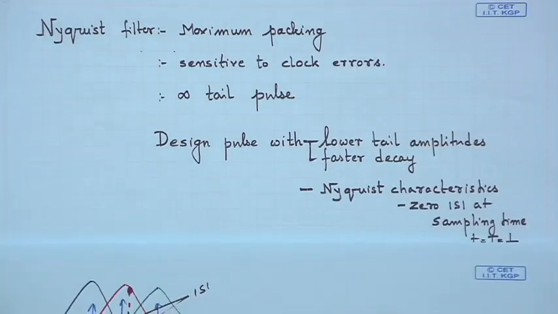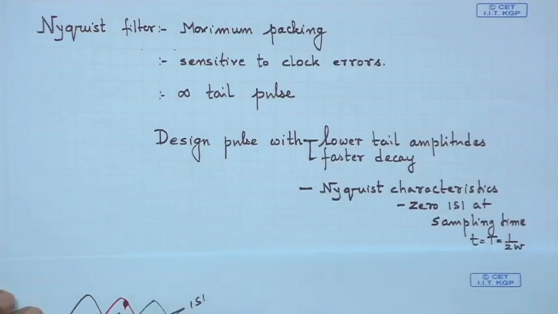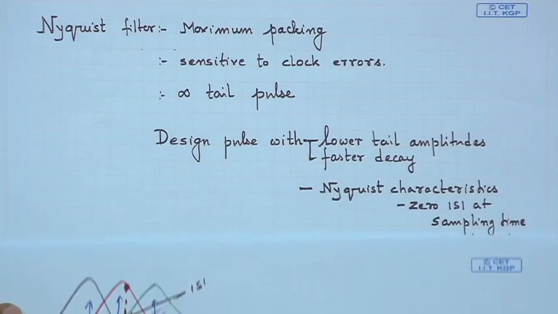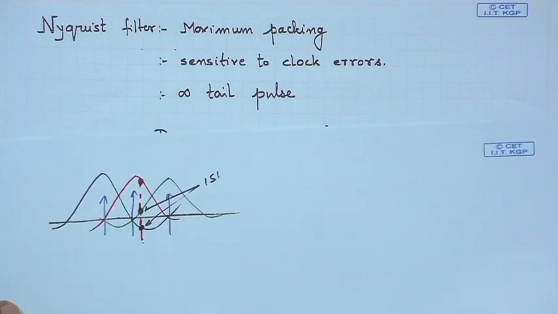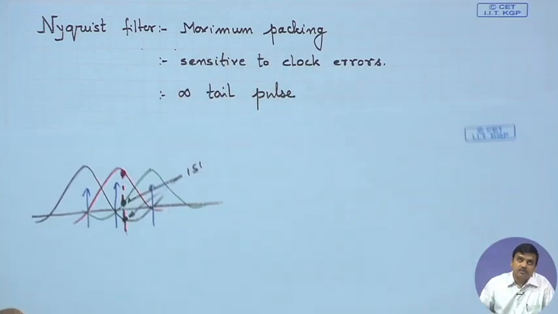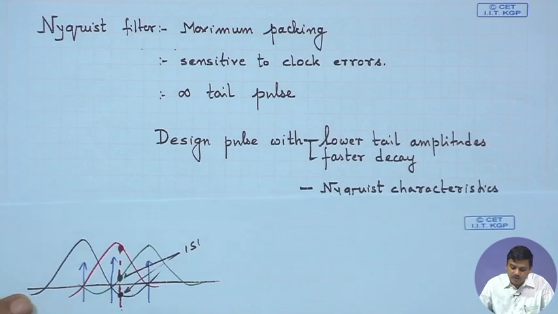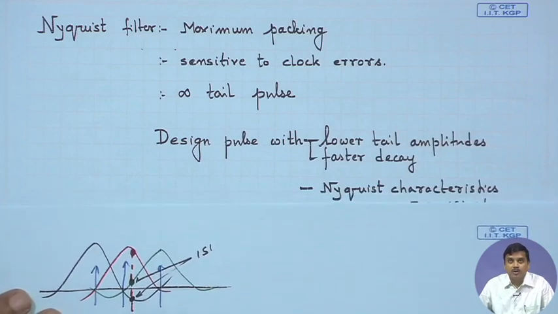So, the Nyquist filter, as said, maximizes the packing, but it is sensitive to clock errors and it has an infinite tail. Although there is an advantage, these are some of the disadvantages. So, we would want to design a pulse with lower tail amplitude.